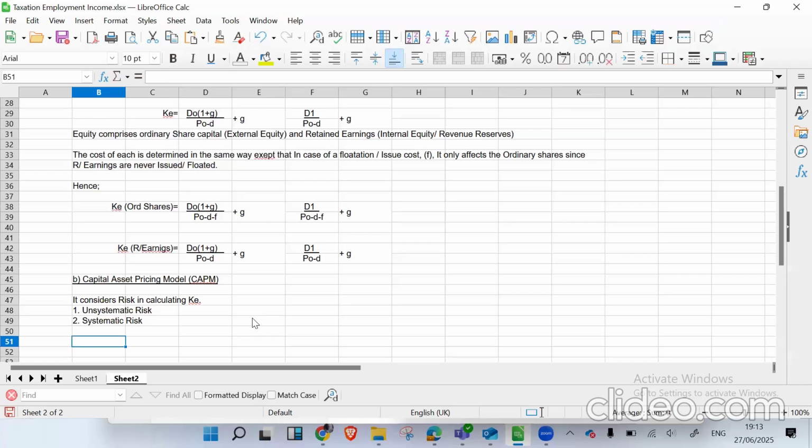Then you say, unsystematic risk affects a specific firm in the industry depending on its level of activities, depending on its type of activities.